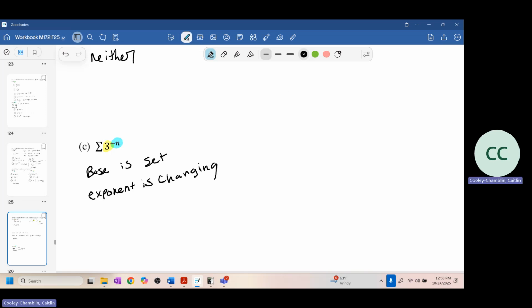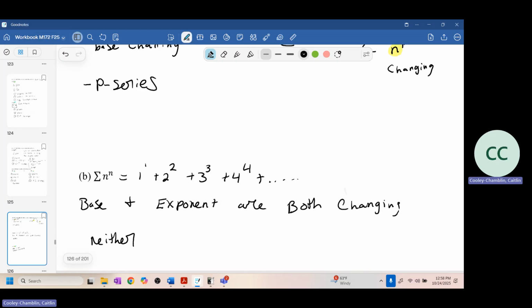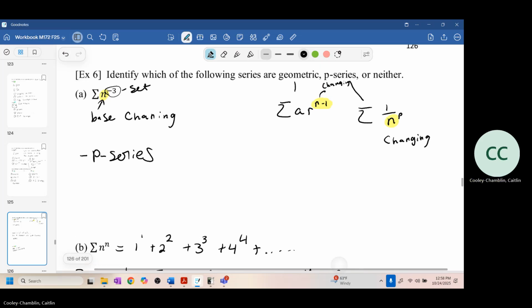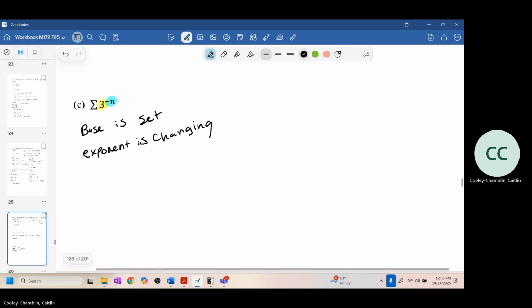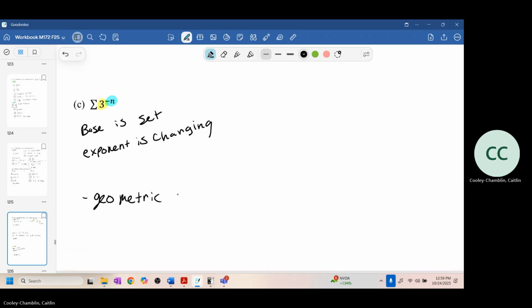So it's 3 to the 1, 3 to the 2, 3 to the 3, 3 to the 4, and all those are negative. Those are always changing. So looking at these, that makes me believe that I'm dealing with a geometric series.